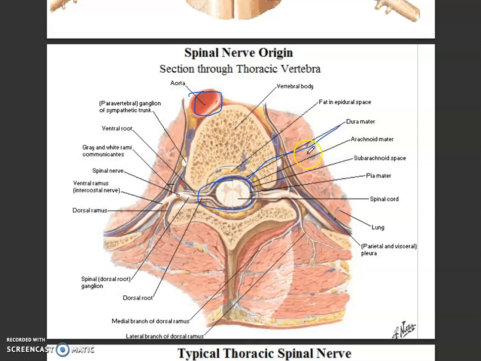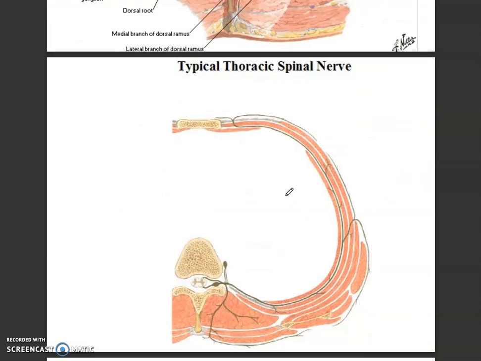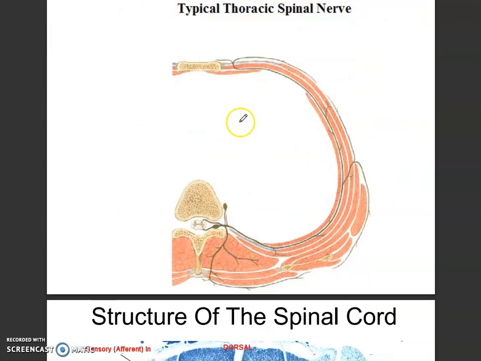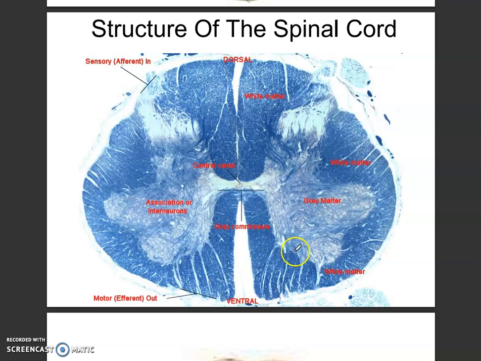Dura is the outermost layer, and the arachnoid mater is the middle layer. Basically, they are showing us the basic structure of a spinal cord. This is the spinal nerve. We are not going to go into detail. This is somewhat important in maintaining your basic concept of the spinal cord.